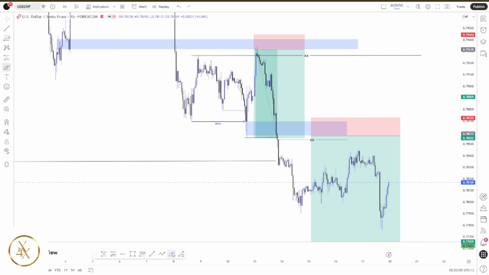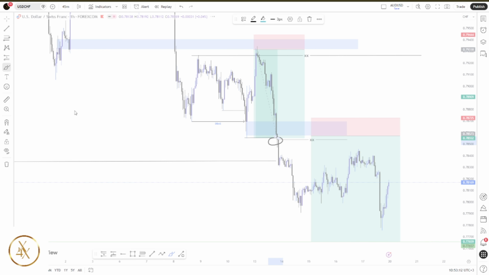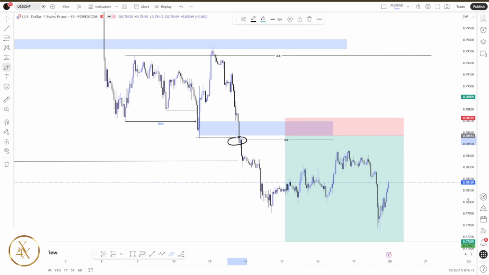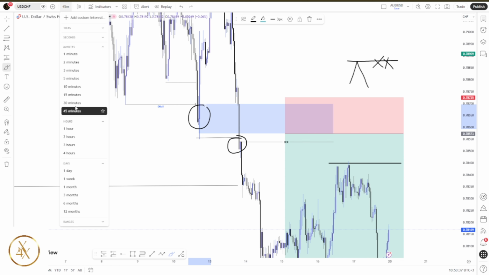Let me go to the 45. I think it will be more clear. Yeah, 45. You can see a zone there, a bullish candle and a bearish candle, and that becomes inducement for me. Yeah, all this is inducement now, but the POI I'm using is on this level here, and it's on the 30-minute.